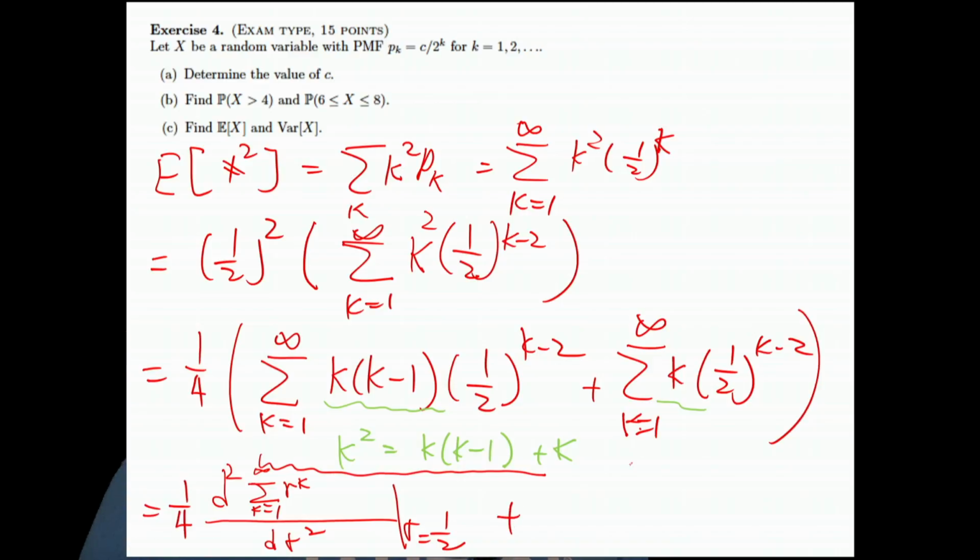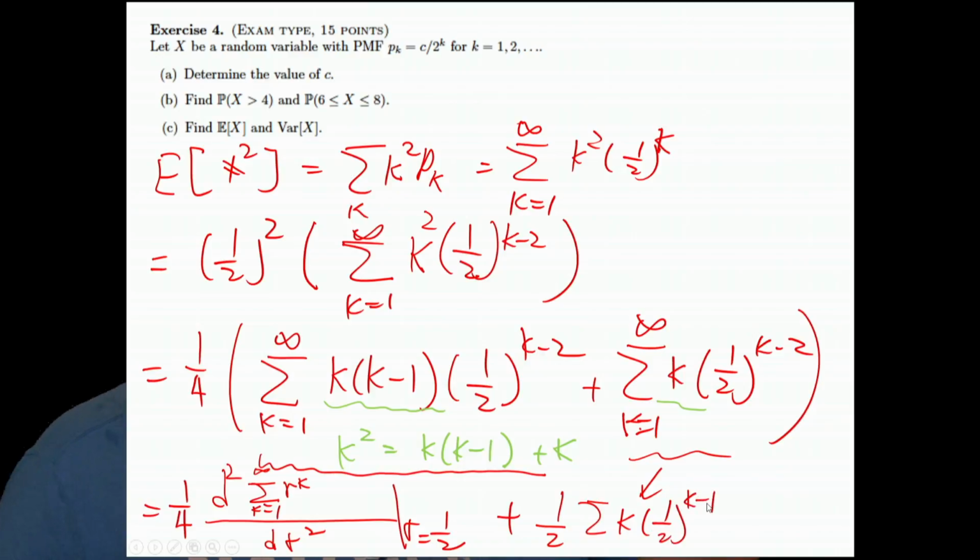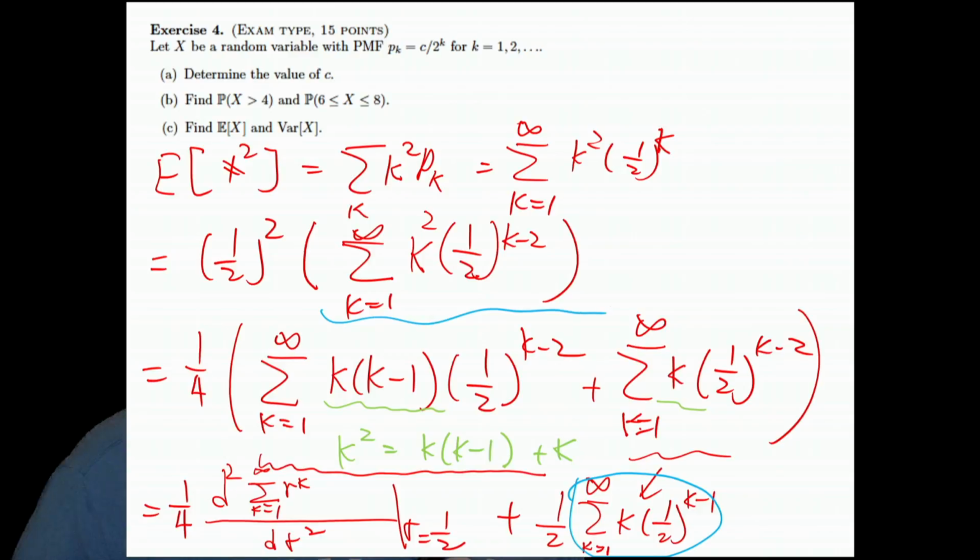And for this part, we take another 1/2. Since we take 2 outside, here I will have only k minus 1, and k is from 1 to infinity. We take 2 outside because this dimension is the same as here.